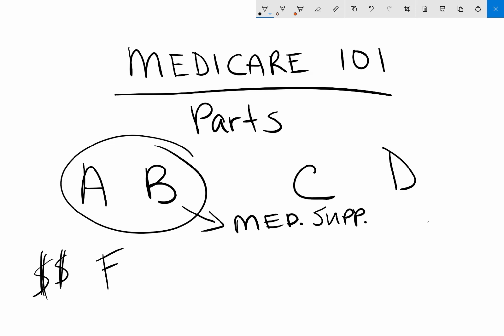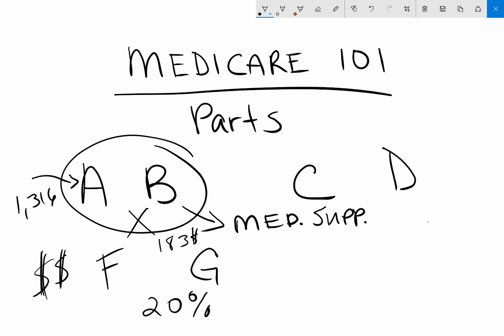The second option, which I think is the best option, is Plan G. It is going to pay your $1,316 deductible for hospital. It does not pay the Part B deductible, which is $183 per calendar year. It does pay the 20% for you, so between the two options, the only difference is that $183 that Plan G doesn't pay.